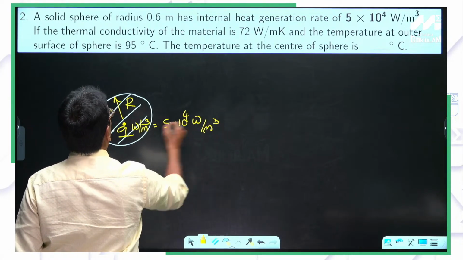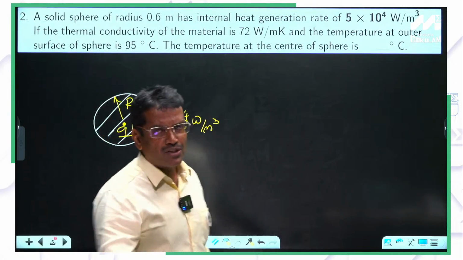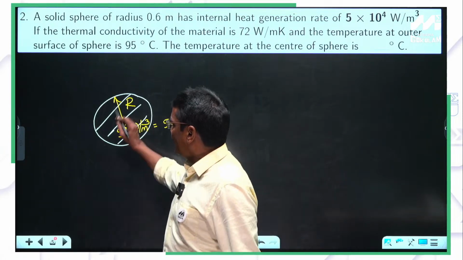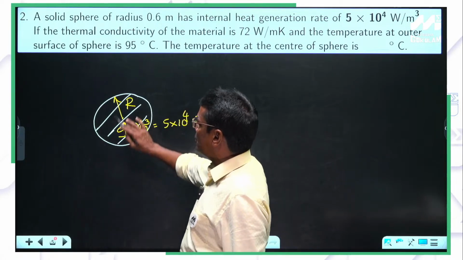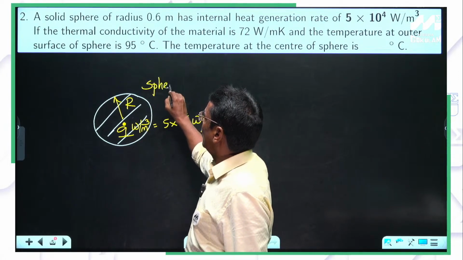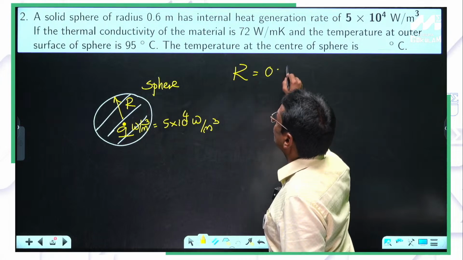This is the symbol we generally use for heat generation. Heat will be generated by passing electric current or by chemical reaction, whatever the means may be. There is a uniform internal heat generation throughout the sphere. It is a sphere of radius R, and the R value is 0.6 meters.